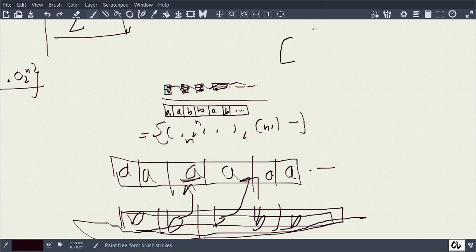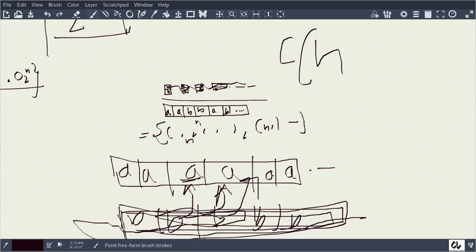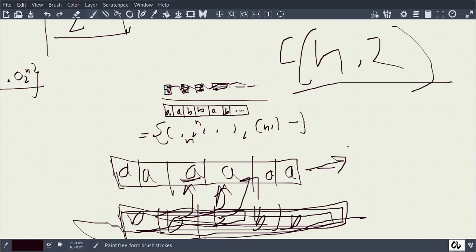This would be a combination: out of n b's, in how many ways can 2 b's be selected so that they can replace those a's. So out of n b's we have to select 2 b's, and that is the number of arrays that will be made where there are 2 b's and n minus 2 a's.